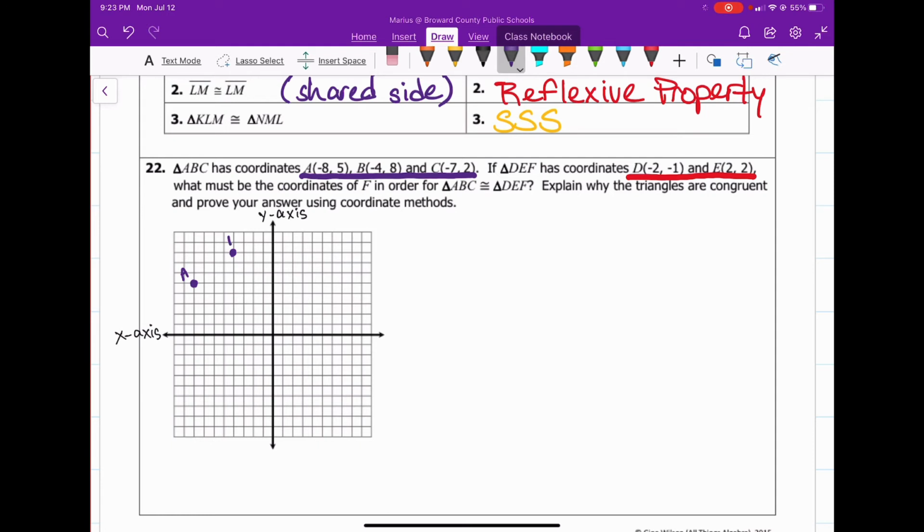So that's B. And then C is at (-7, 2). 1, 2, 3, 4, 5, 6, 7, and then 1, 2, which is right there. So that's C. And now I'm just going to connect them.